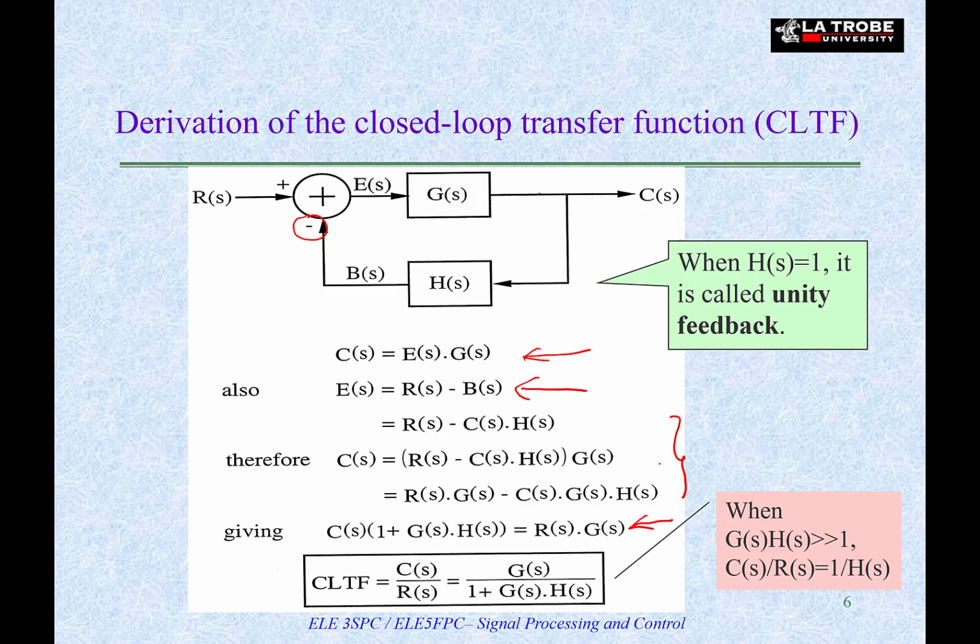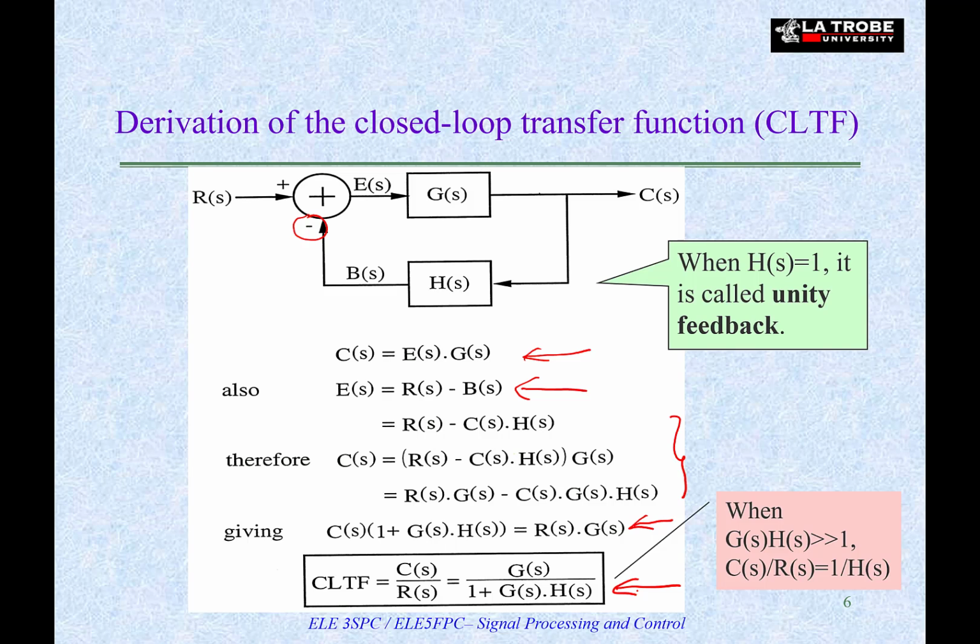That is C(s) over R(s). And this is our result. So C(s) over R(s) is equal to G(s) over 1 plus G(s)H(s). This transfer function is called the closed-loop transfer function of this feedback control system. And this is what we will be using very often in the rest of the semester.